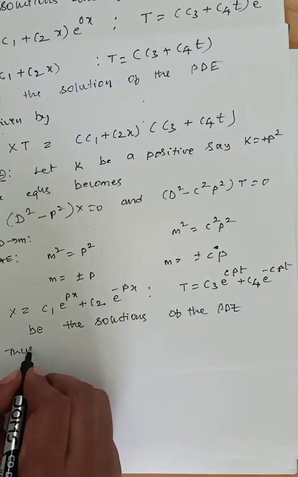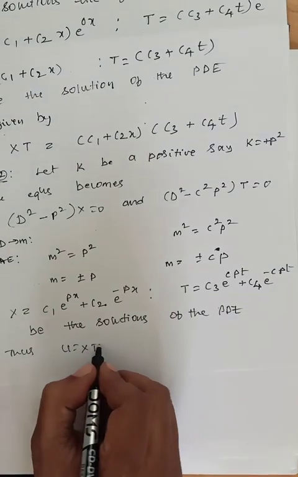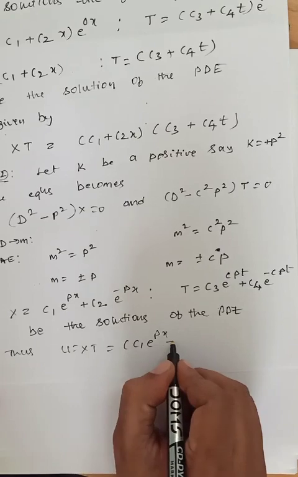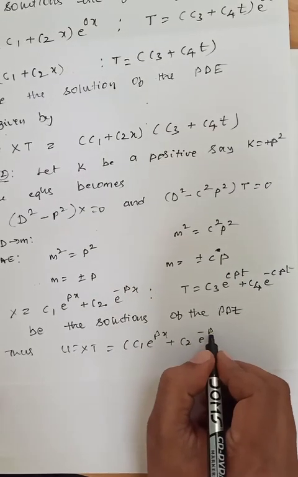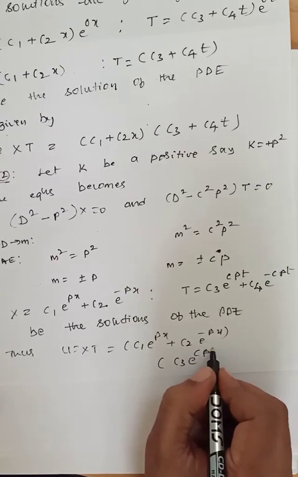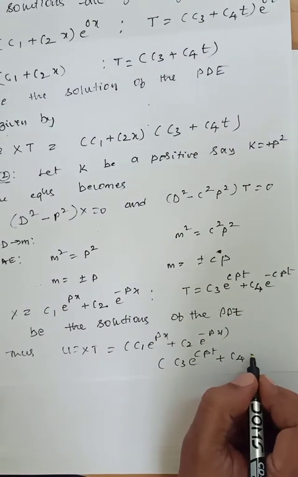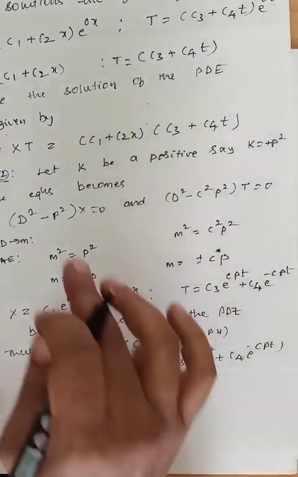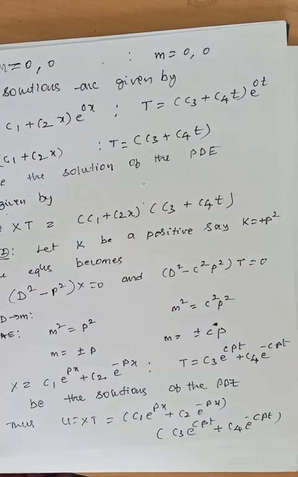Thus u is equal to x t, that is (c1 e power px plus c2 e power minus px) into (c3 e power cpt plus c4 e power minus cpt), is the solution if k is positive. Write down this, very very important.